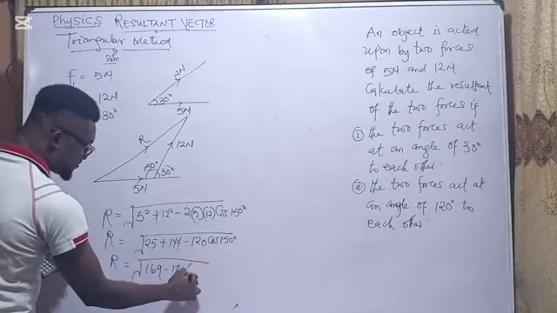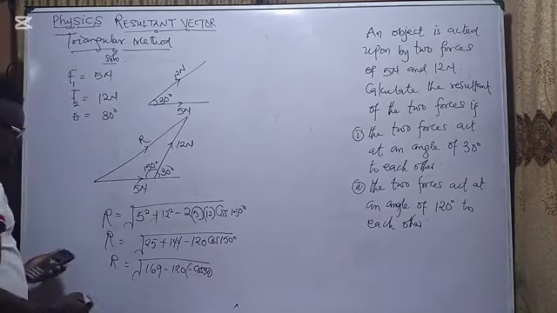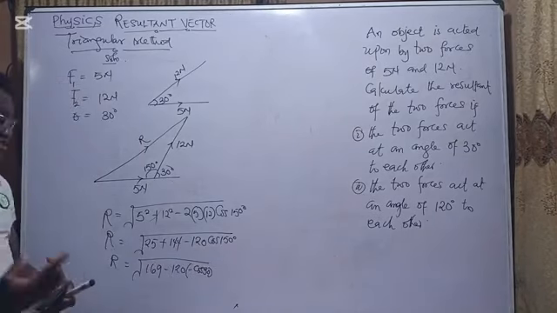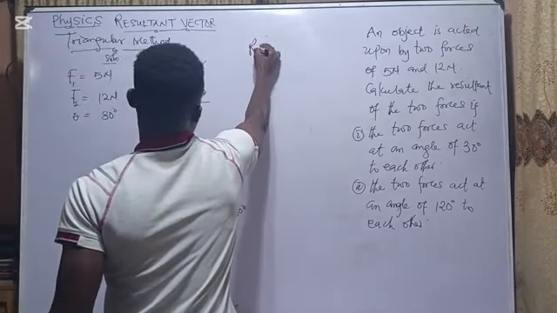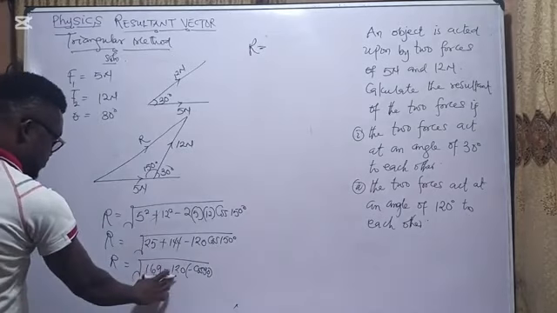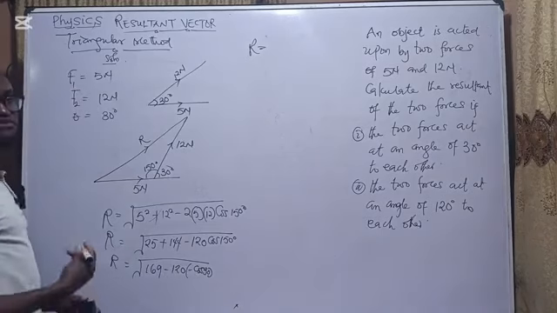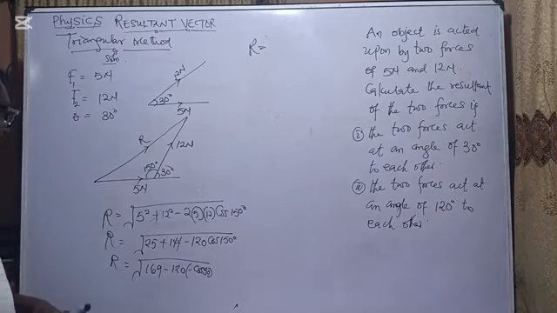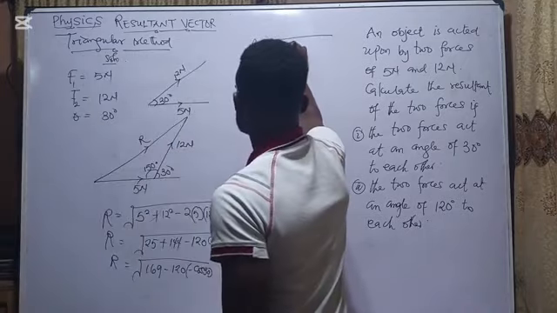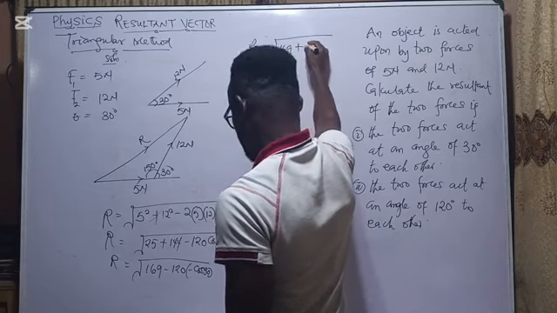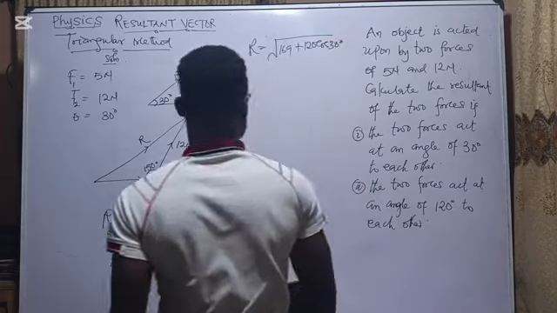Now cos 150 is the same thing as minus cos 30, in order to bring it to the first quadrant. So here we have R equal to the square root of 169 minus 120 times minus cos 30, which will give you plus, because minus times minus is plus, right? So we now have the resultant as the square root of 169 plus 120 cos 30 degrees.